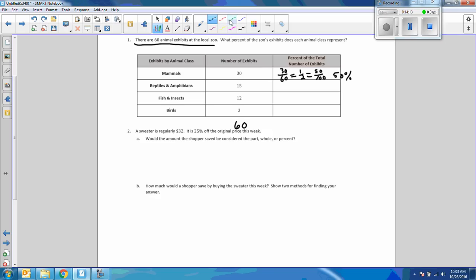15, let me change color so you can decipher. So we're going to do this again. 15 divided by 60 equals 5 will go into 15 3 times. 5 will go into 60 12 times.